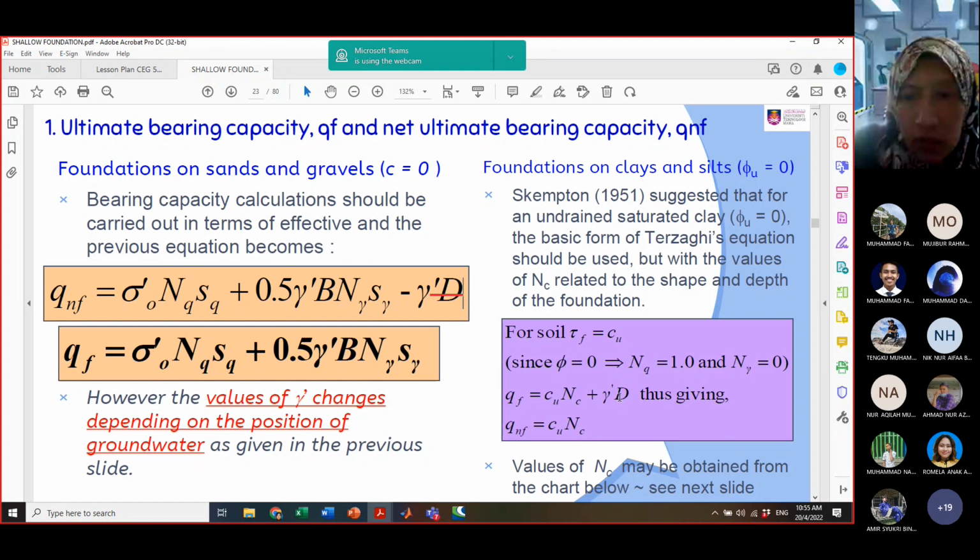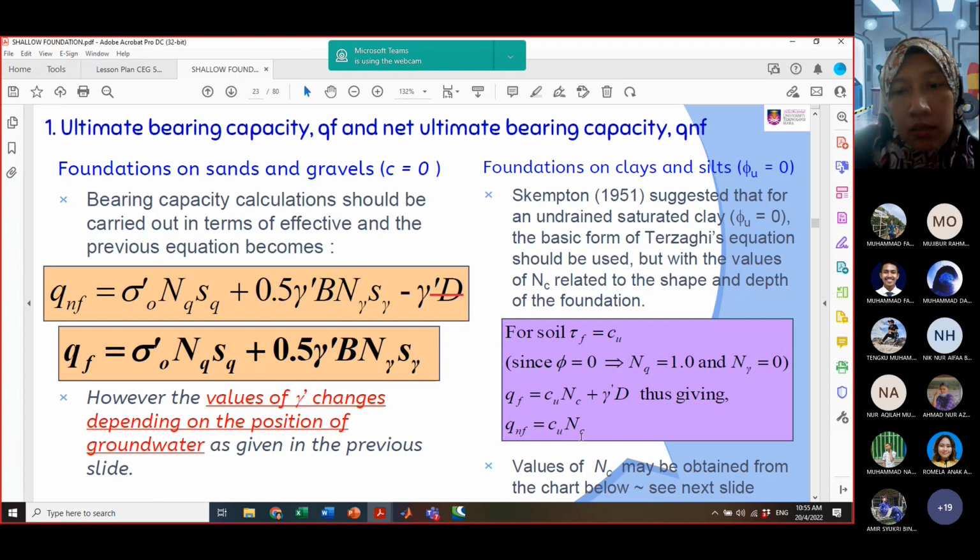Effective gamma ni, kalau you ada some value, so kita calculatekanlah NQ sebagai 1, CU NC kita gantikanlah nilai undrained coefficient berapa, NC sama dengan 5.14, N gamma sama dengan kosong. That's why term number 3 tu tak ada sebab N gamma kita kosong.